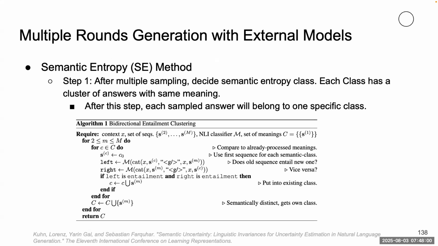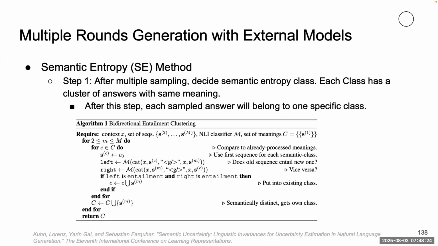All right, so the first one is the semantic entropy method. It's also a very classical one because they are considering the semantic meanings. So the big idea of semantic entropy is to calculate the entropy at the level of semantic classes rather than each generation or each sample.